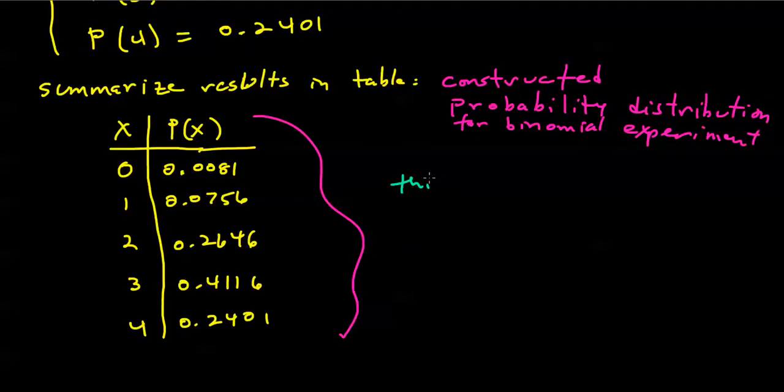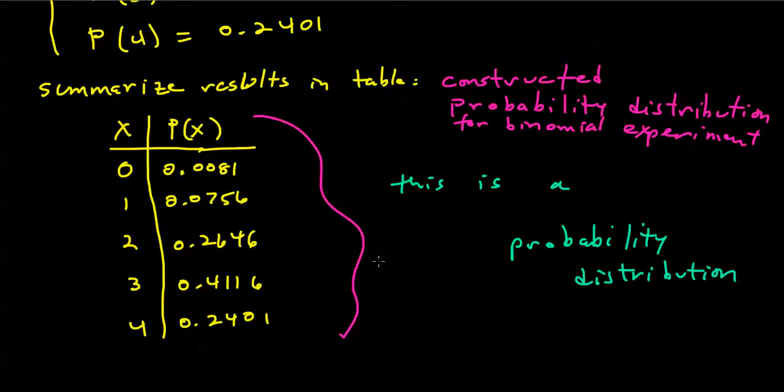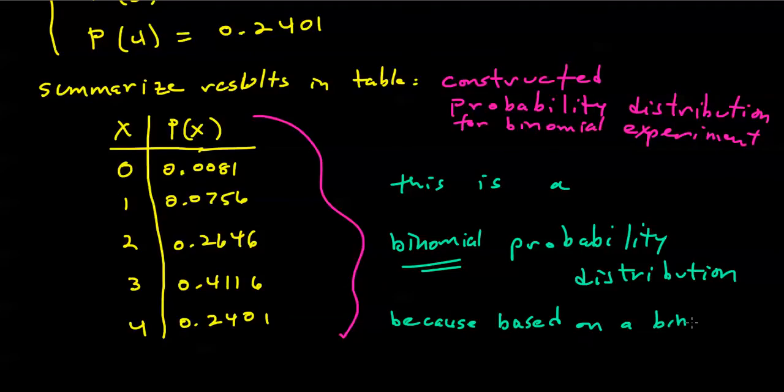Alright, so I call this, the first thing it is, it's a probability distribution. But it's a special type of probability distribution. It's a binomial probability distribution because it's based on a binomial experiment.